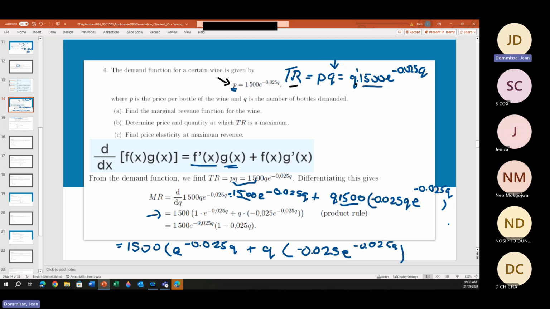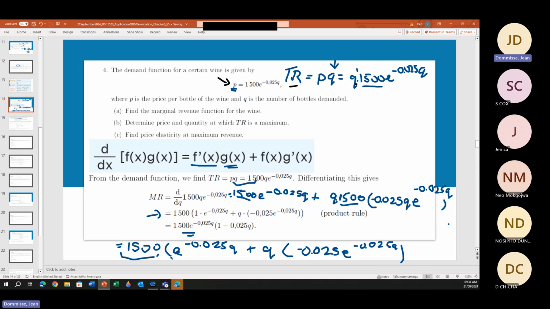So again, what you need to do in the exam is you just need to get to that final answer. They don't really mind how you get to that final answer. So now we have the 1.5.